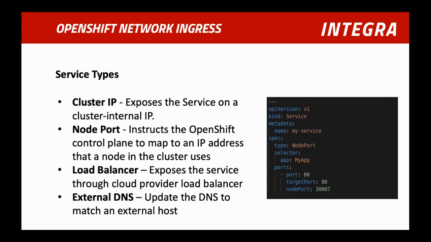We have already discussed services, but I wanted to go a little bit into detail about service types. We have basically 4 different service types available. First, we have the cluster IP. Cluster IP is the default type. It exposes the service on the cluster internal IP. You can reach the service only from within the cluster.